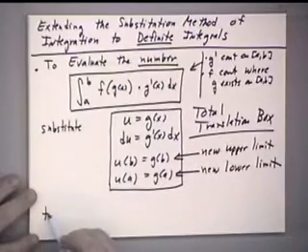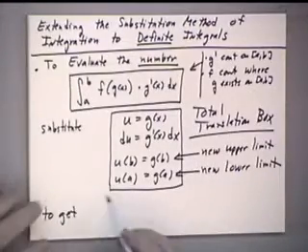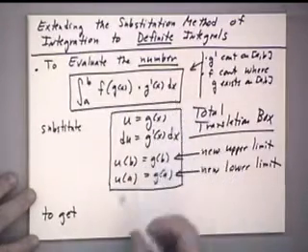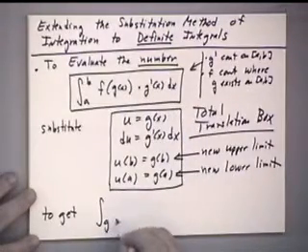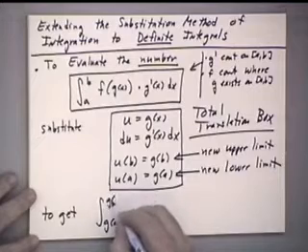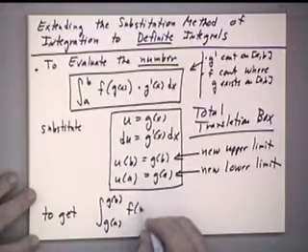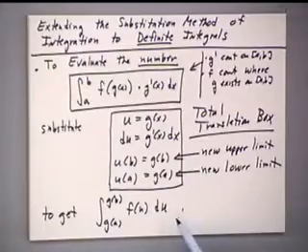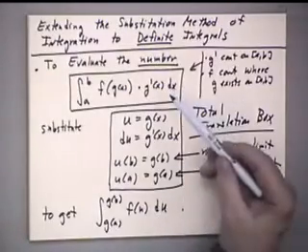And so, we do this substitution to get, instead of this integral, which is more complicated, this integral, which goes from now g of a to g of b, and is of f of u du. The whole point was to make this an easier integral than it was before.